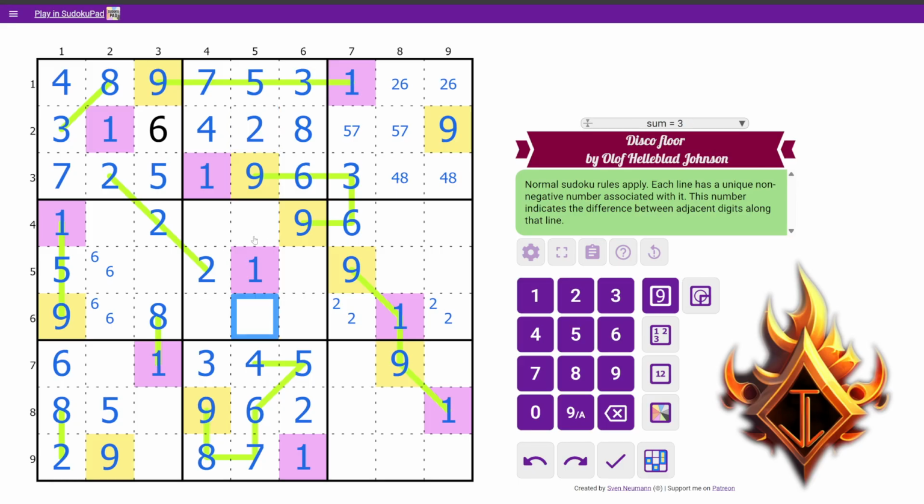That'll put an 8 right there. 7 will go in one of those. 3 will go here. 4 in one of those. These will be a 5 and 6. So that is known as well. That'll do all that work.